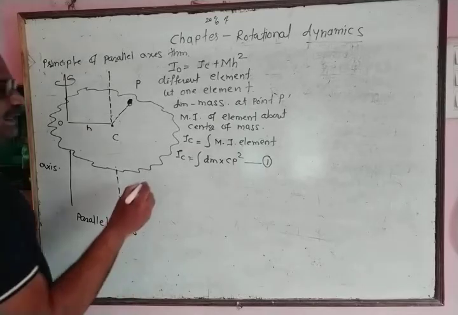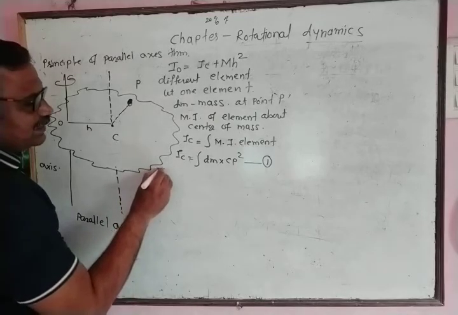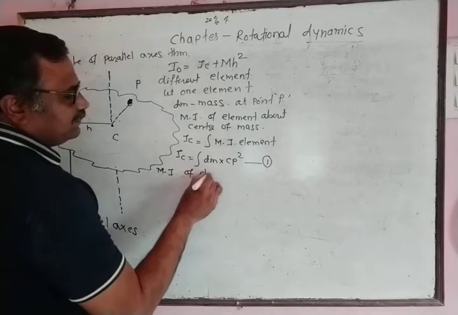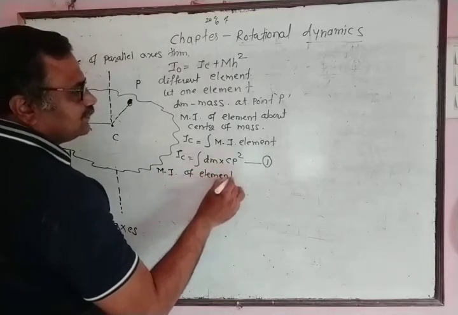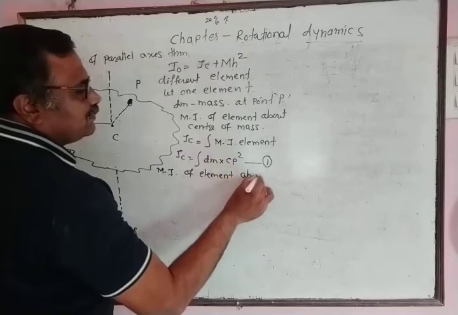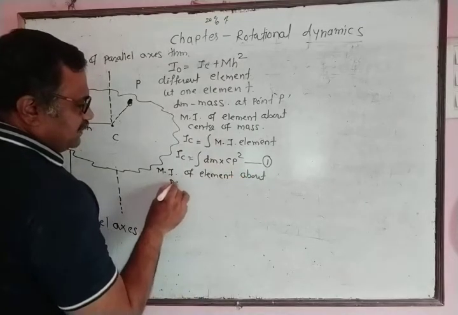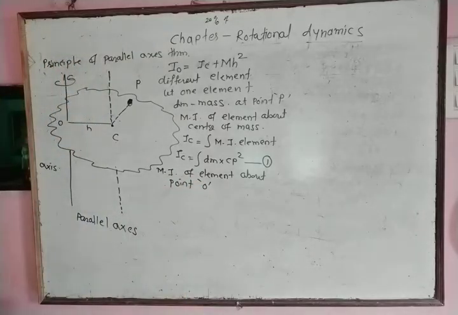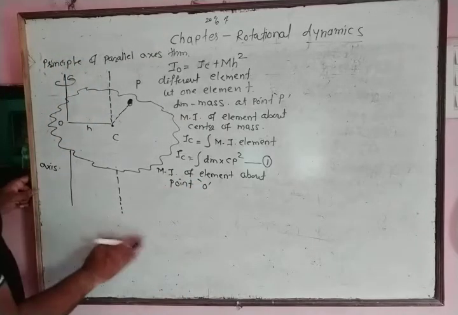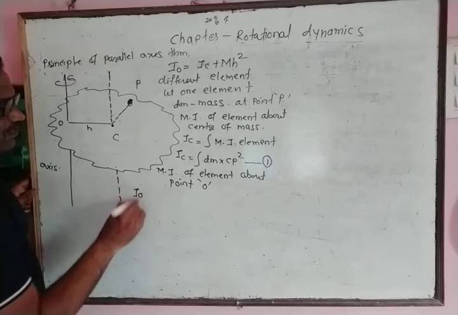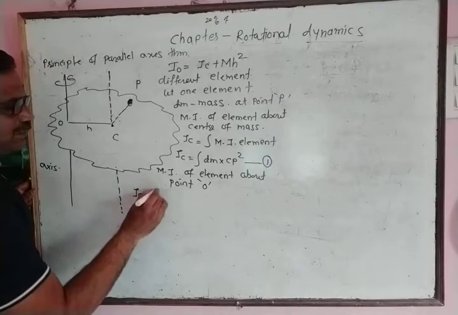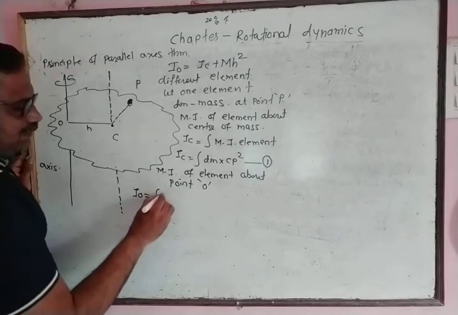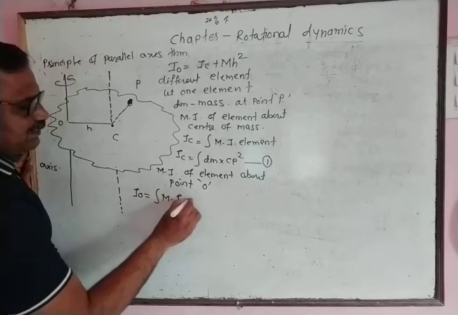Now, in the next step, we calculate the moment of inertia of the element about point O. Suppose this moment of inertia is denoted by IO, and therefore IO is given by the formula integration of the moment of inertia of the element.